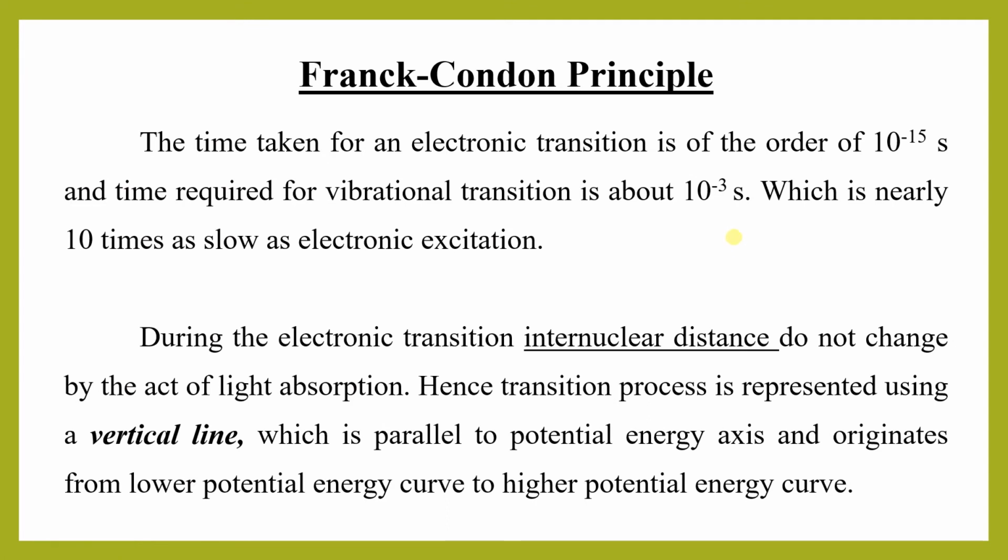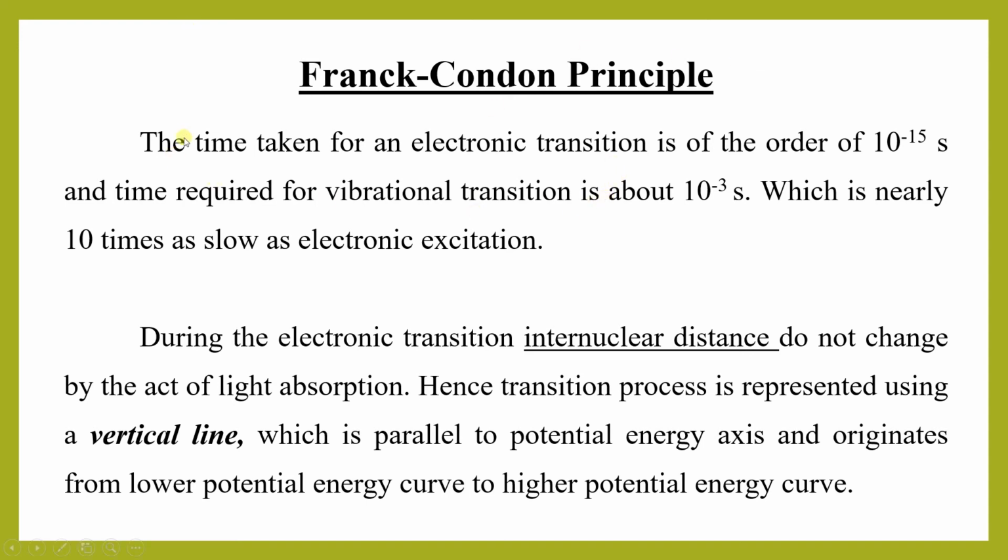So next, if you supply energy for any electronic transition, it is also accompanied by vibrational and rotational transitions. This we already know. The energy required for vibrational and rotational transitions will be less, whereas electronic transitions require more energy.